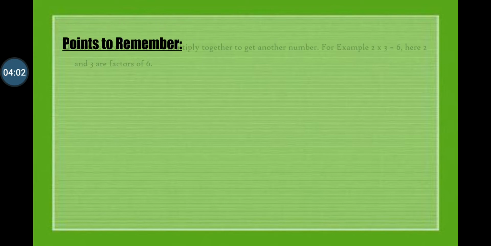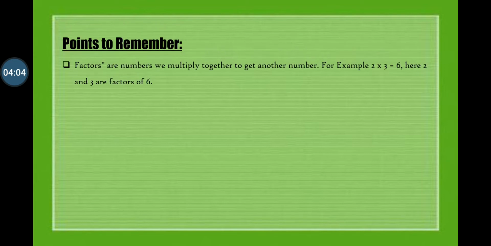Let's summarize our lesson. So these are the points that you should remember. Factors are numbers we multiply together to get another number. For example, if we multiply 2 and 3, we get the answer as 6. So here 2 and 3 are the factors of 6. A prime number has only two factors, 1 and itself.